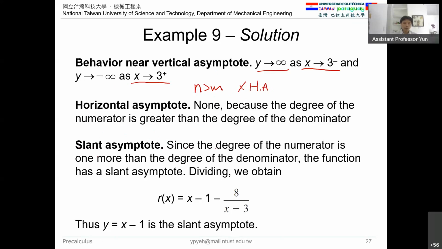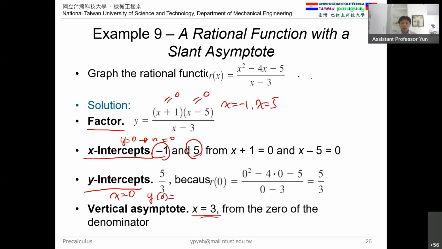Since we know the degree of the numerator is one more than the degree of the denominator, the function has a slant asymptote, which we find by doing the division of this function. For example, using synthetic division with 1, -4, and -5.